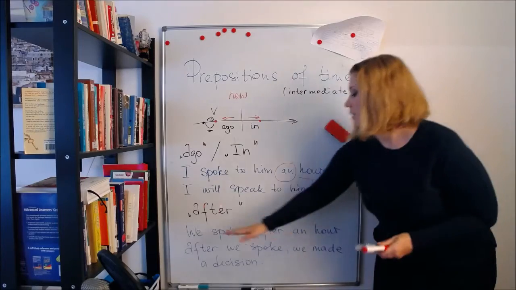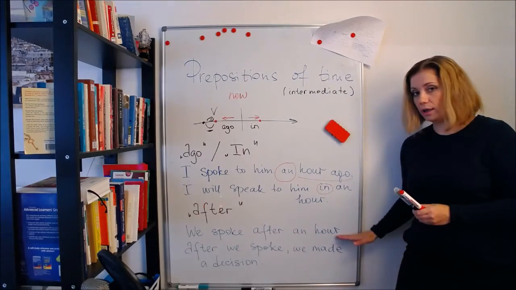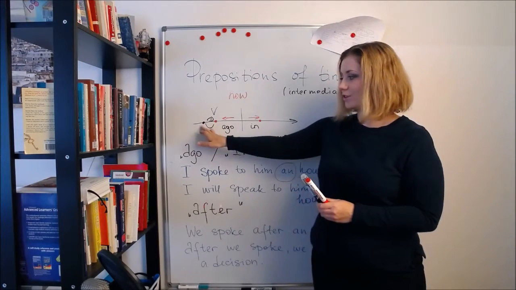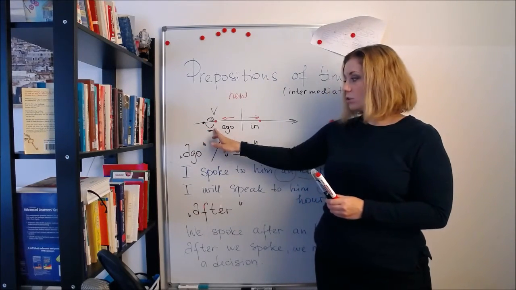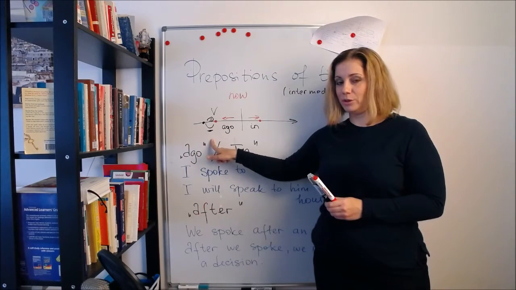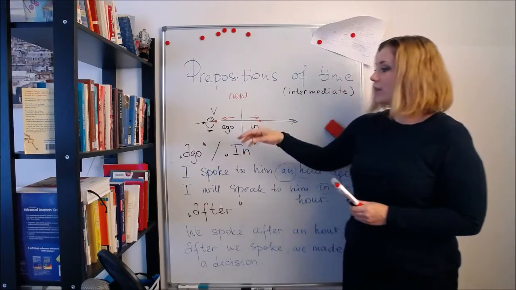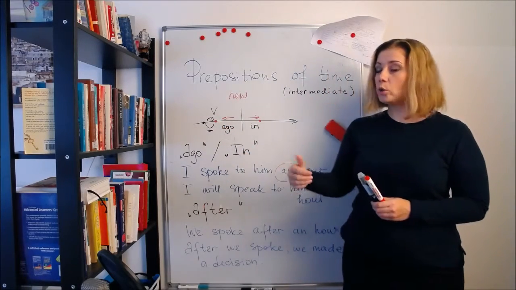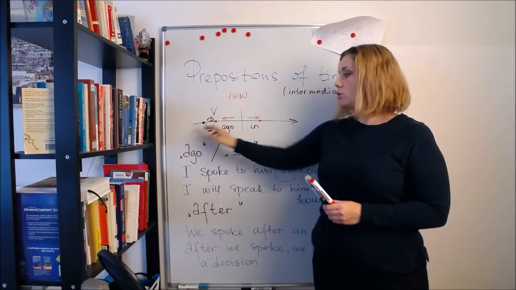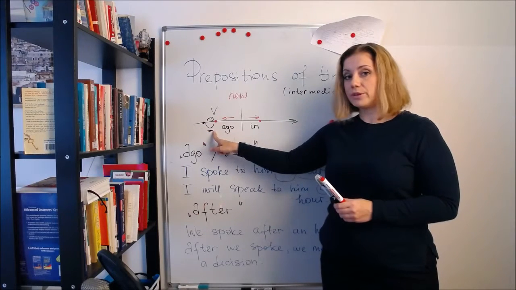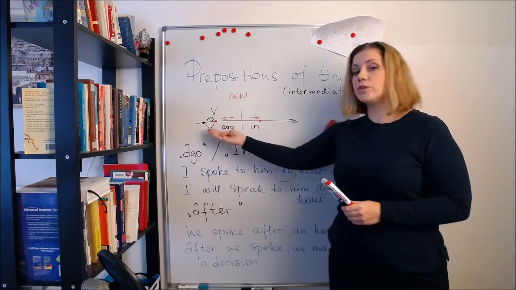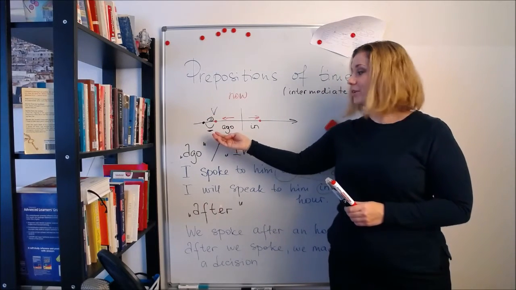So we say, we spoke after an hour, meaning after an hour of doing something. So you need to understand this initial point and you show how much later after this initial point it happened. So, single action, ago; future action, in; and after, showing the similar but for the past. So we met, and we spoke an hour after.